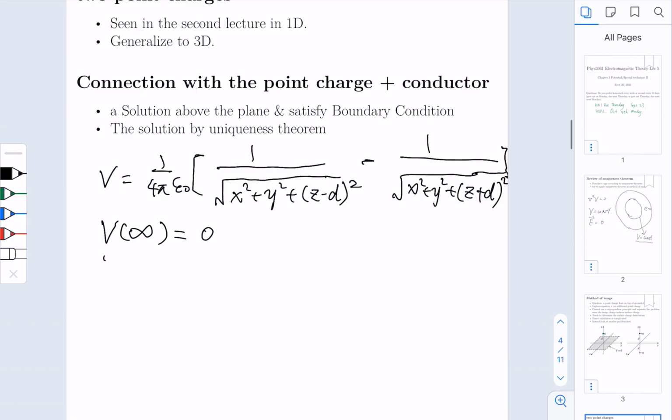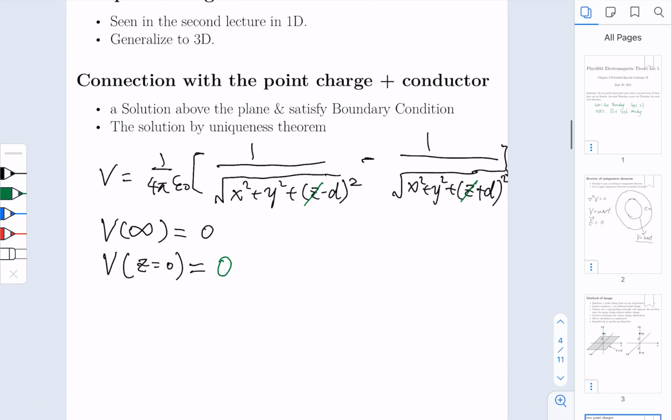And if you look at when z goes to 0, this term is actually exactly the same as this term. So the two denominators become the same: minus d squared equals plus d squared. And this means that on the entire xy plane, as long as z is 0, the final result should be 0.